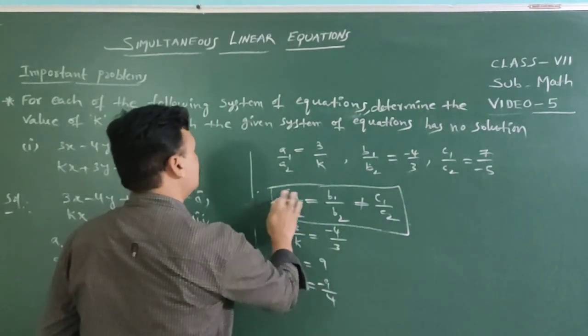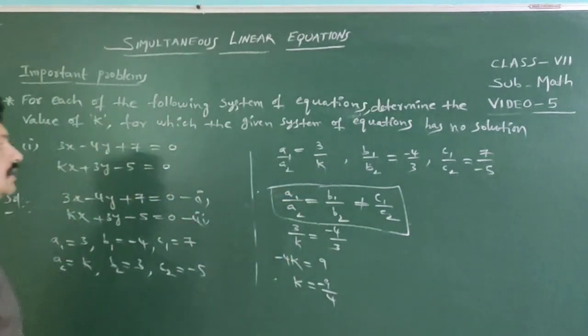For the given system to have no solution, the condition is a1 by a2 equals b1 by b2 should not be equal to c1 by c2. If k equals minus 9 by 4, a1 by a2 equals b1 by b2, and after finding the value of k, it should not be equal to c1 by c2.